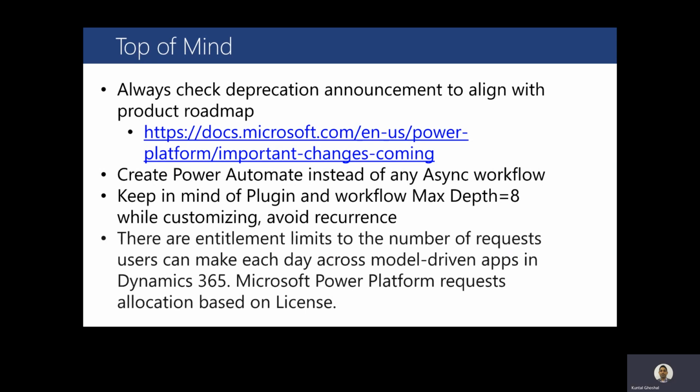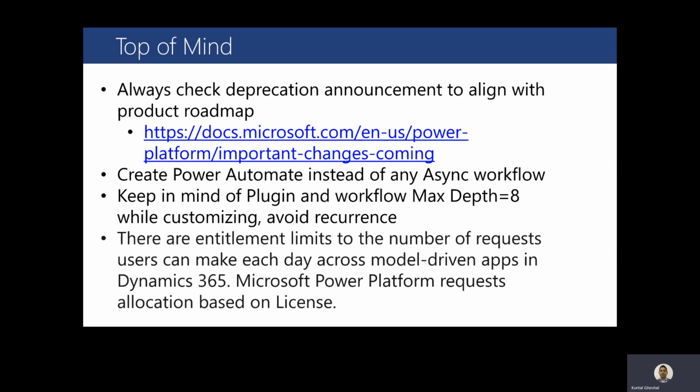When you are creating an async workflow, always choose Power Automate instead of an async workflow. Async workflows have been around for a long time, and a number of customer organizations have them, but the way an async workflow processes a request is significantly different from how Power Automate processes a request.